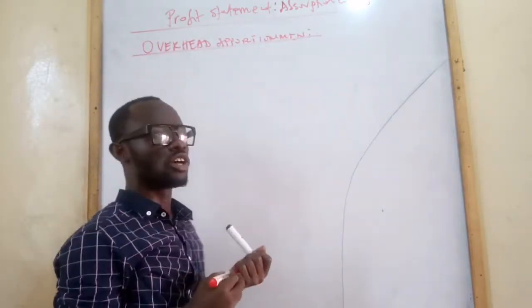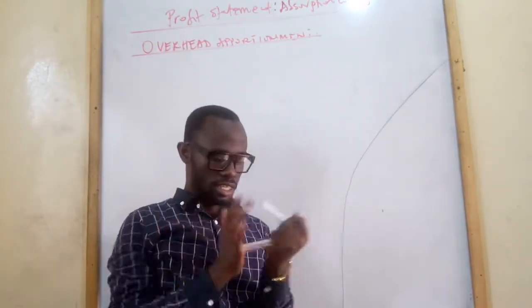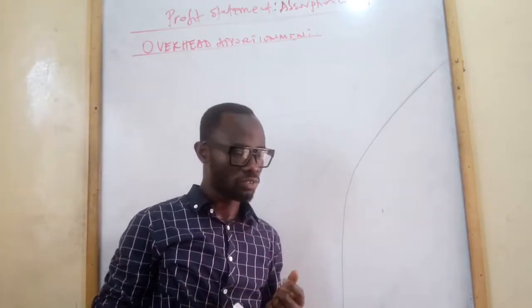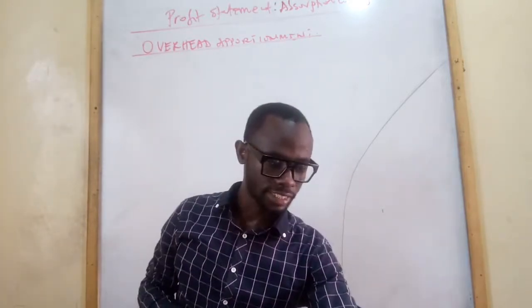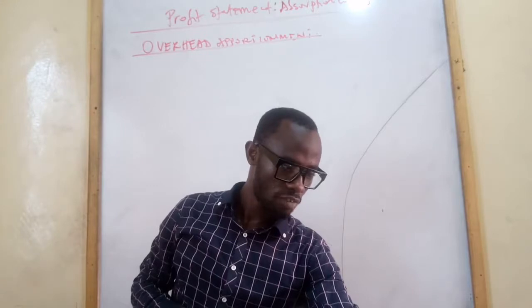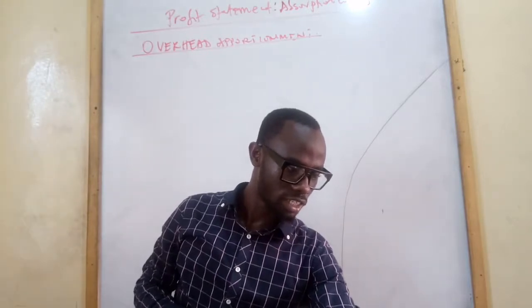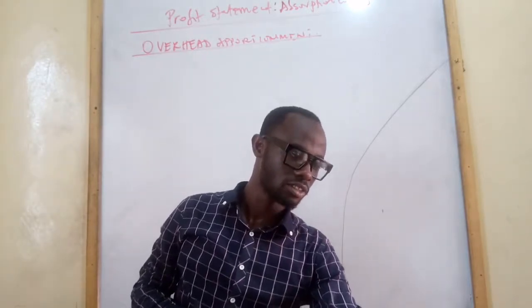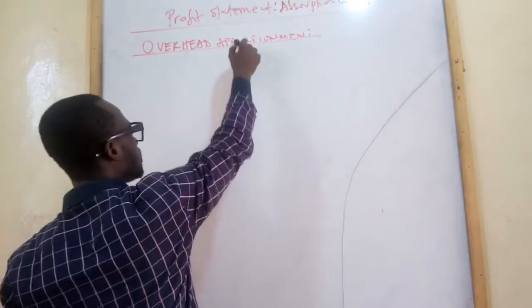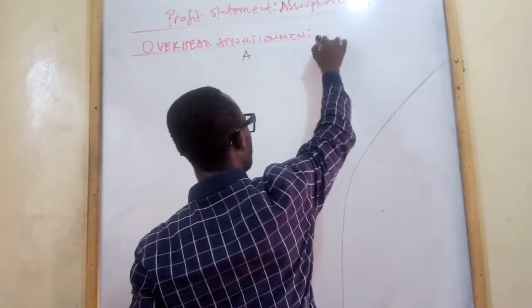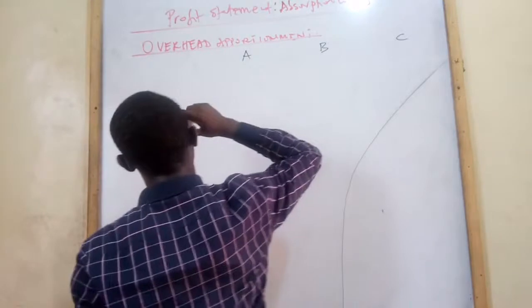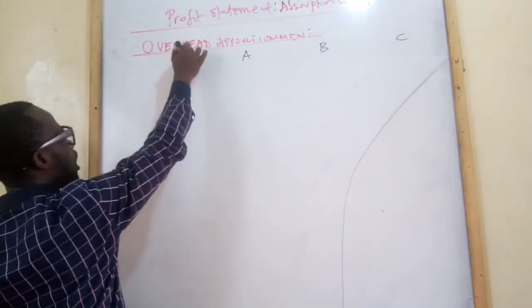So in the apportionment of overheads, what we are told first is to look at the setup cost. If you look at the setup cost from our question, the setup cost is 90,000. So I'm going to put the products down, A, B, and C. And we're going to start with the total cost here.